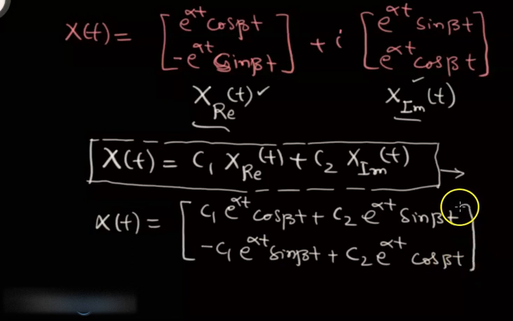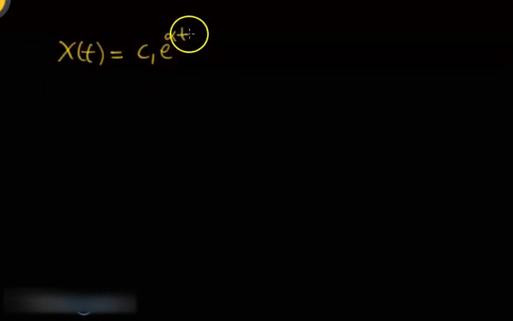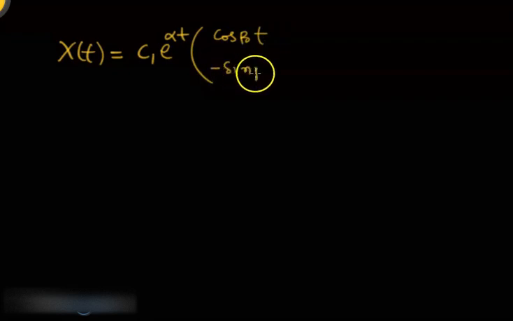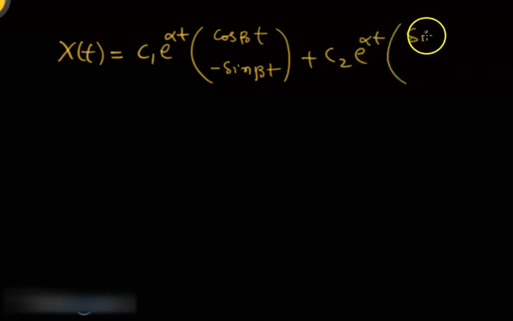So this is really going to be the general solution to our system that we had in our hands. Or we can write the solution as x of t equal to c1 e to the alpha t times cos beta t minus sine beta t, plus c2 times e to the alpha t times sine beta t and cos beta t.